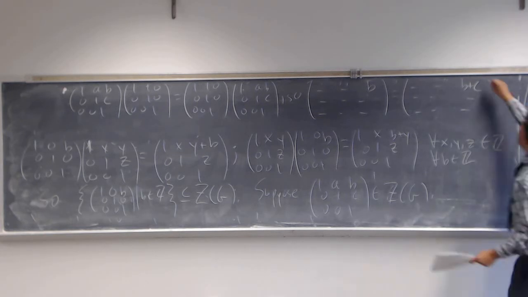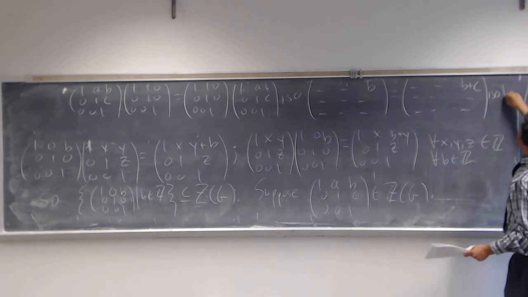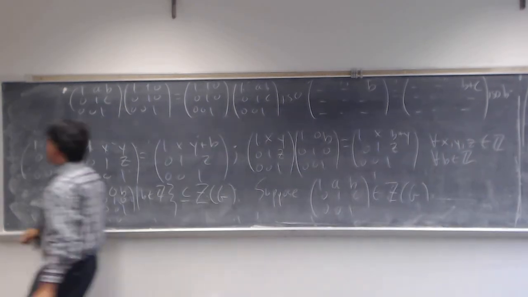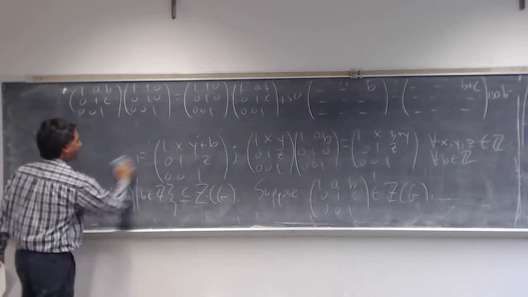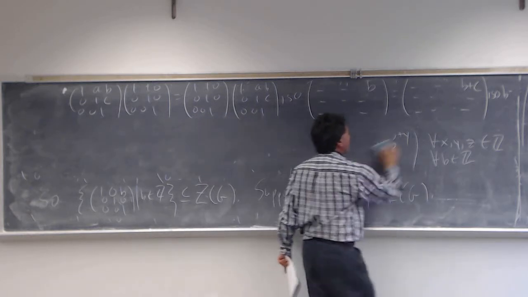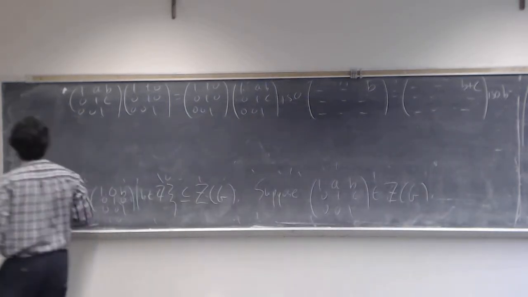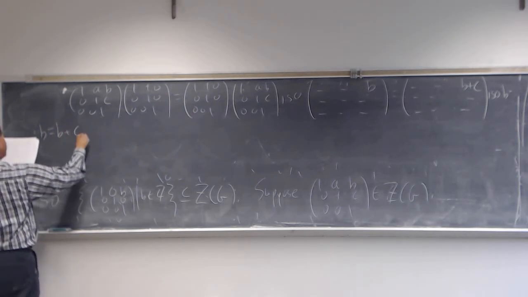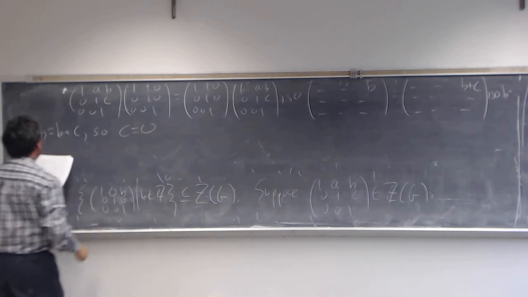In particular, these two entries will be equal, so B equals B plus C. So B equals B plus C. So C has to equal 0.